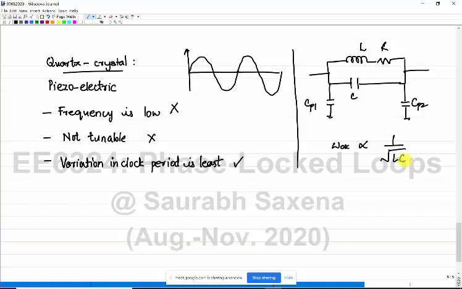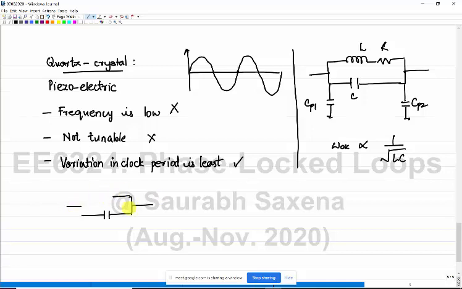Well, the crystal is an electrical equivalent of a mechanical system, so the inductor value we cannot change, the capacitor value we cannot change. But what we can do is have our own inductor and say, okay, I will have my own inductor and I will make it oscillate at the frequency at which I want.